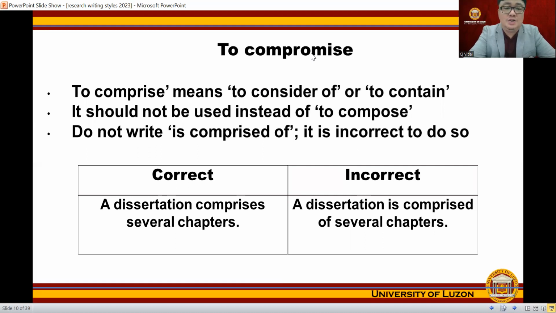The correct usage is a report or scientific report comprises several chapters. It is incorrect to state that a research report is comprised of several chapters. So that's insofar as the use of the word to comprise is concerned.